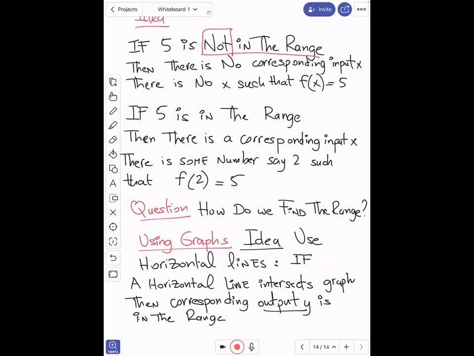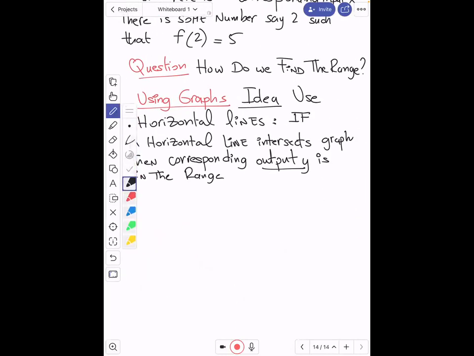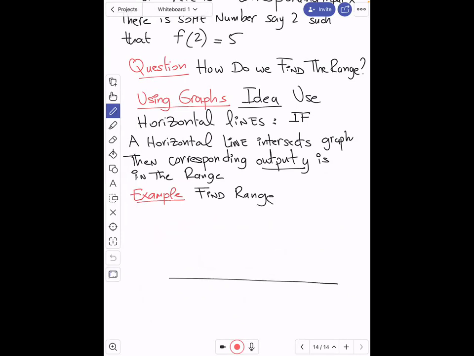Okay, so let me show you now with an example how it works. In this example, I'm going to try to find the range. Here's my two axes. This is my x-axis, and this is my y-axis. Now in the range, I'm interested in the y-axis, so I'm going to need negative infinity and positive infinity on my y-axis.